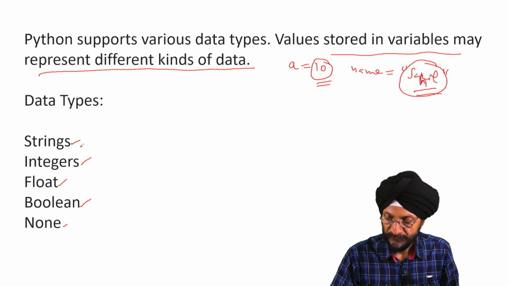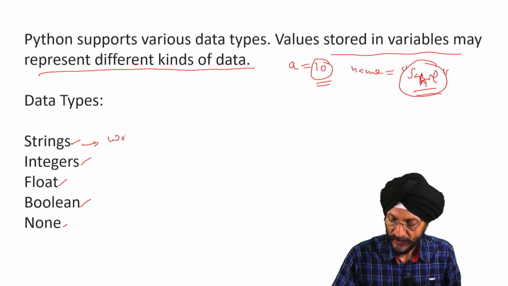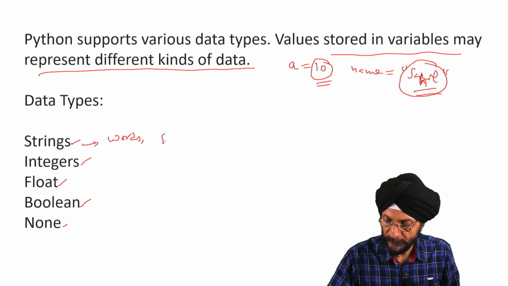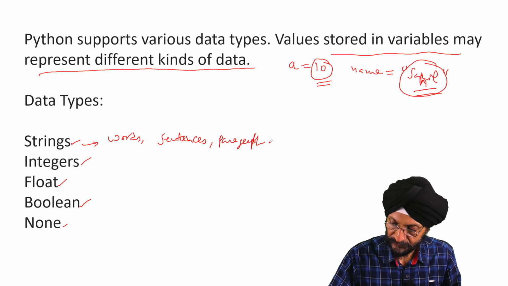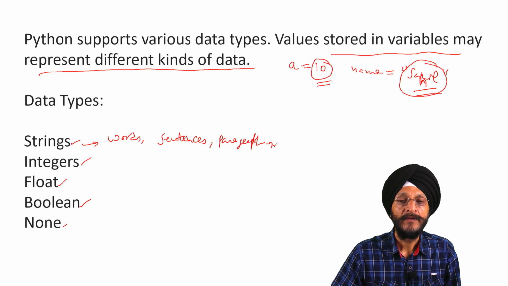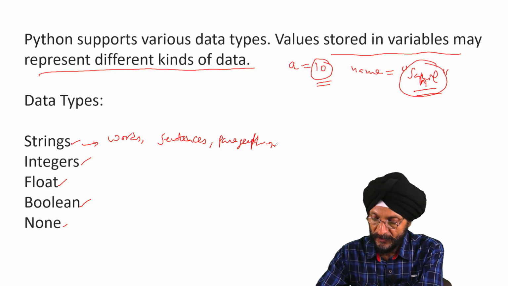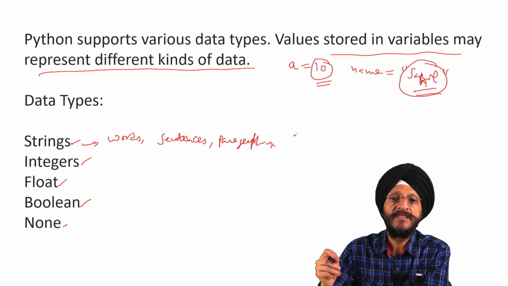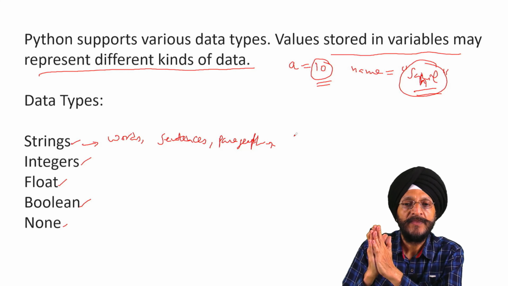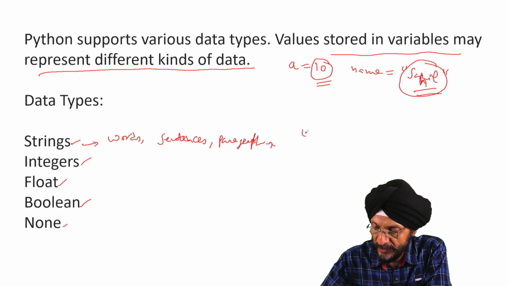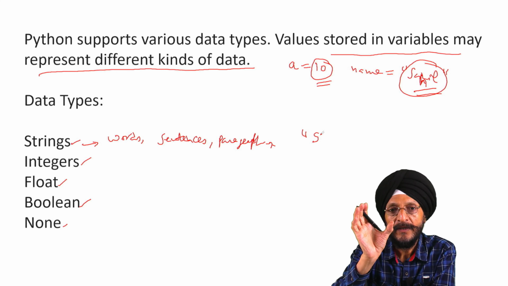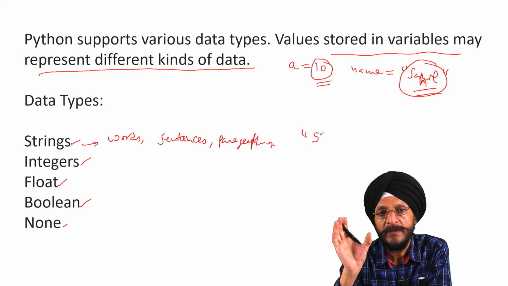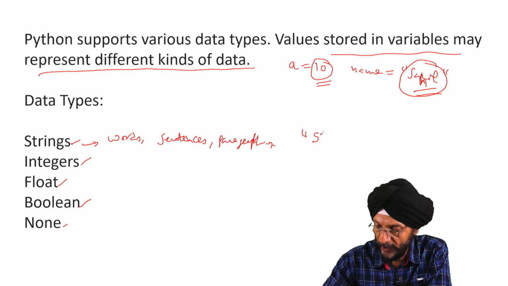First is strings. String means words, sentences, or paragraphs. These strings have to be stored in between double quotes, single quote, or triple quote.